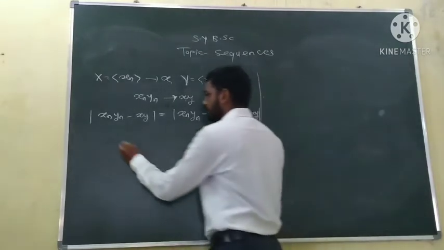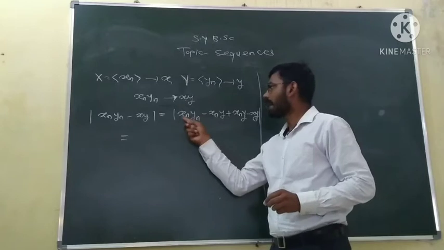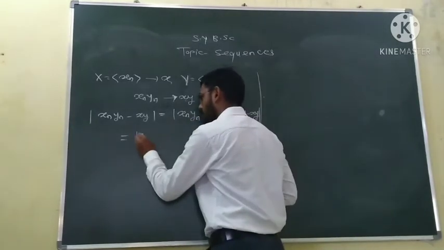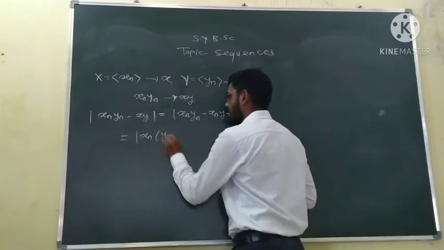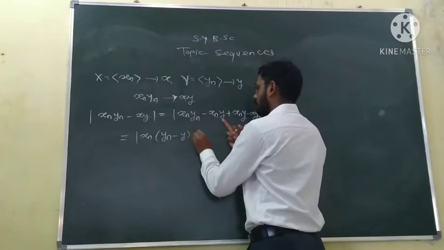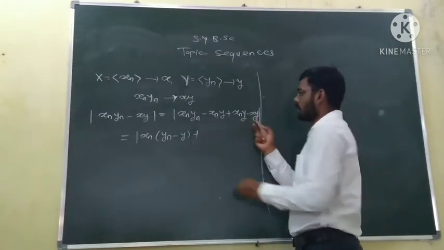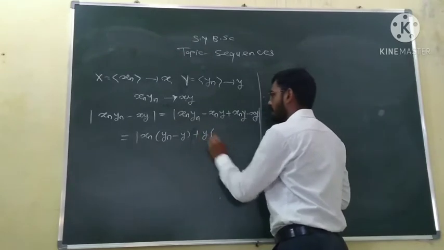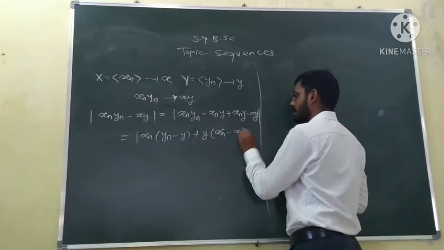Now this is equal to: from the first term we can take xn common, so mod of xn into yn minus y, plus from the last two terms y is common, so take y outside and write the remaining term xn minus x.